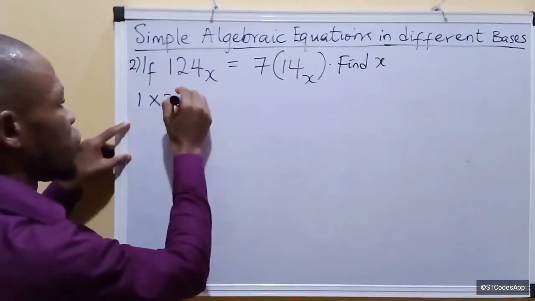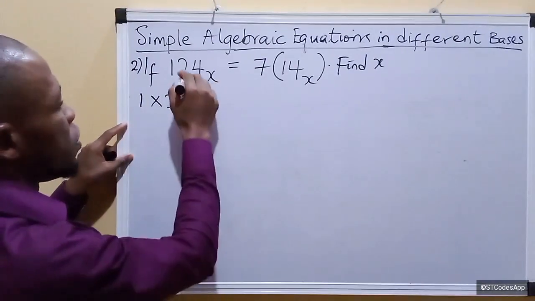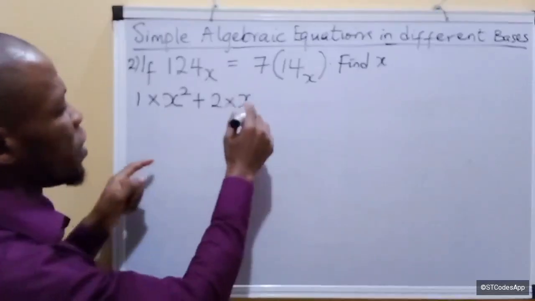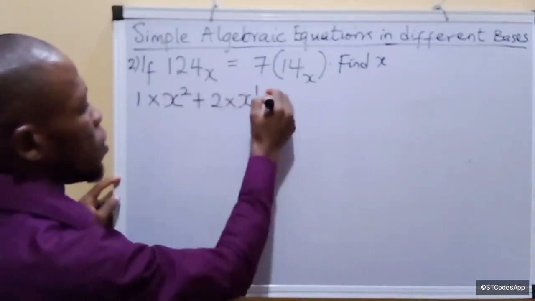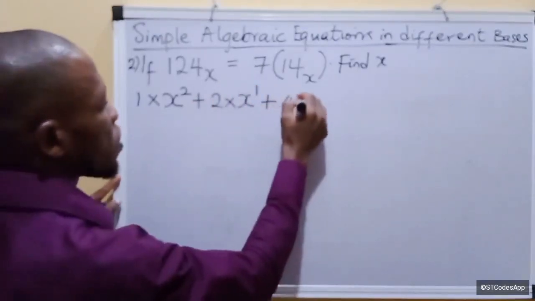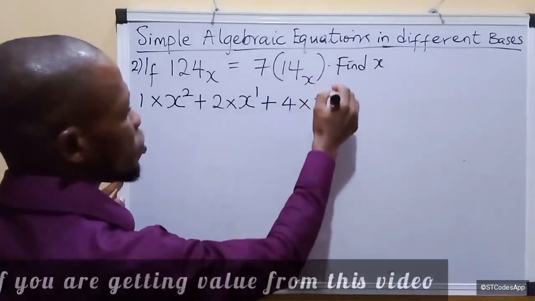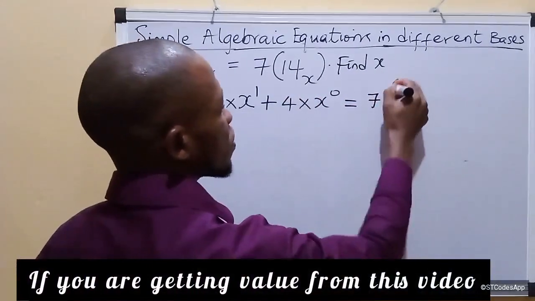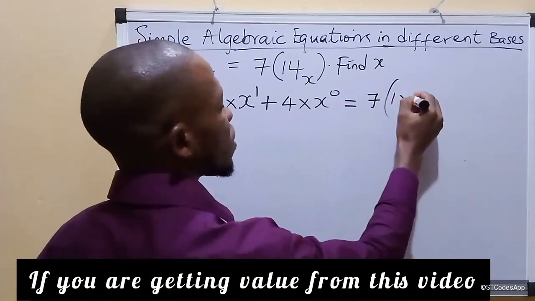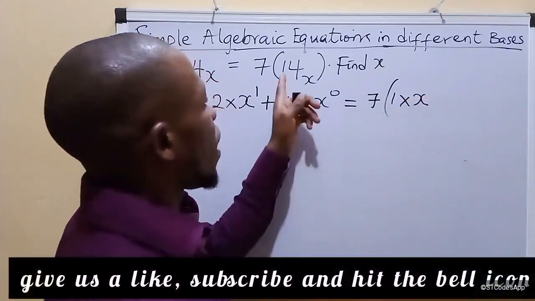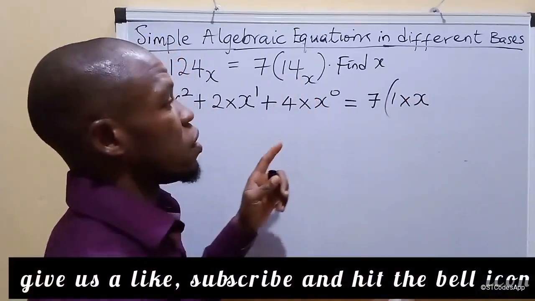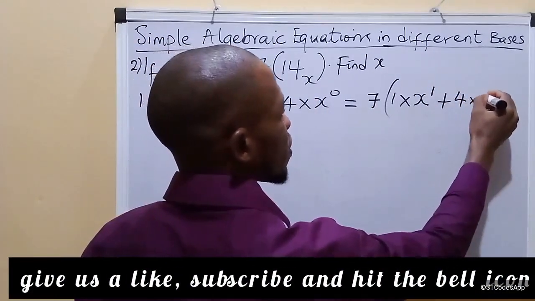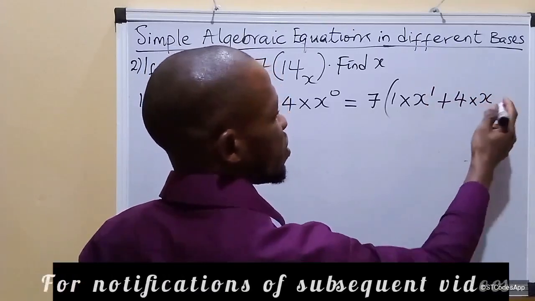So this will be raised to power 2, plus the next digit 2 times the base x raised to 2 minus 1, that will give us 1, plus 4 times x, the base, raised to power 0, equal to 7 times 1 times x, the base. Now we have 2 digits here, minus 1 gives us 1. So this will be raised to power 1, plus 4 times x to the base 1 minus 1, this gives us 0.